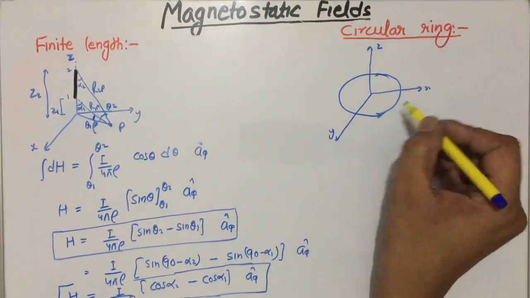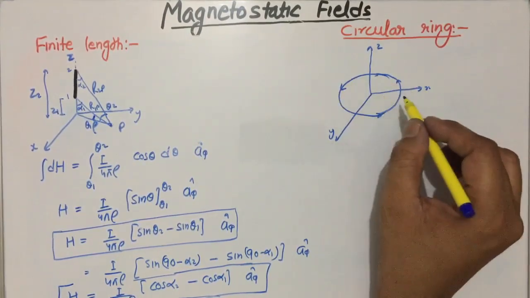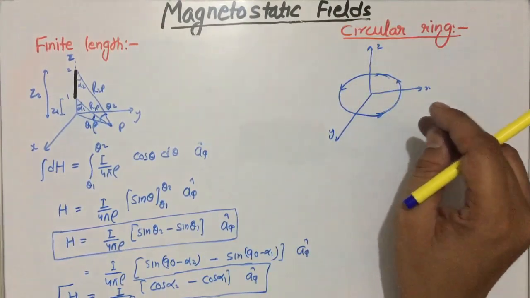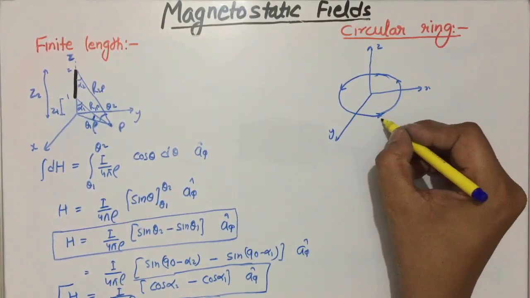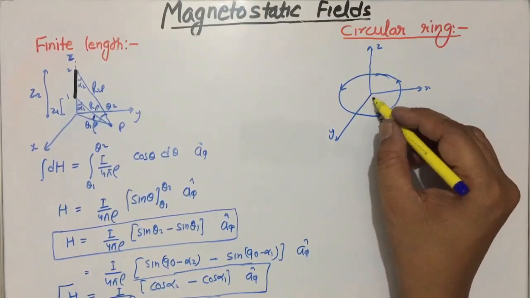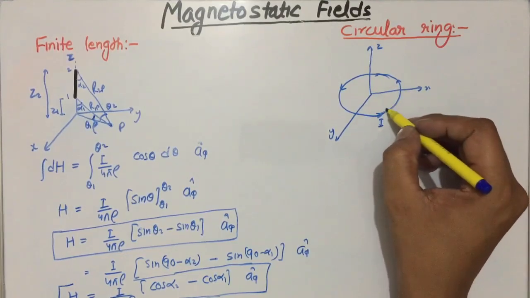The current is flowing through this in this path. It is placed in the horizontal plane. So the current I is flowing through this, and consider an element here.